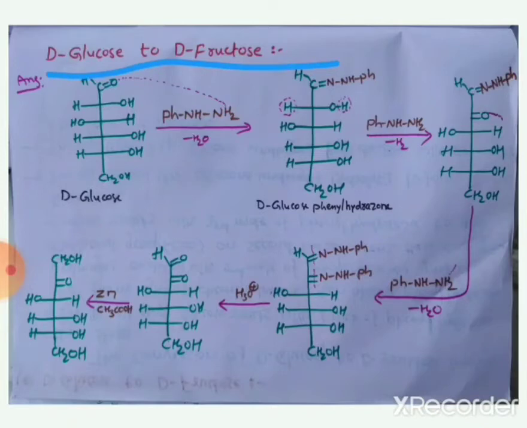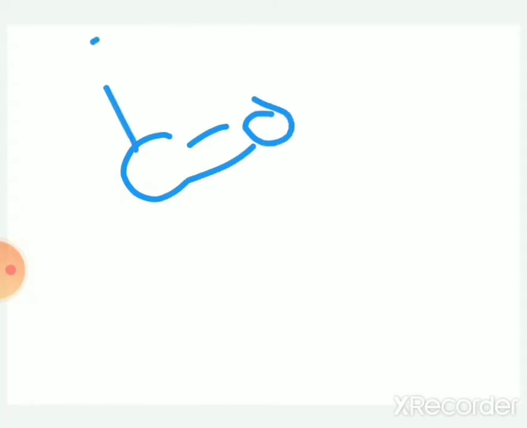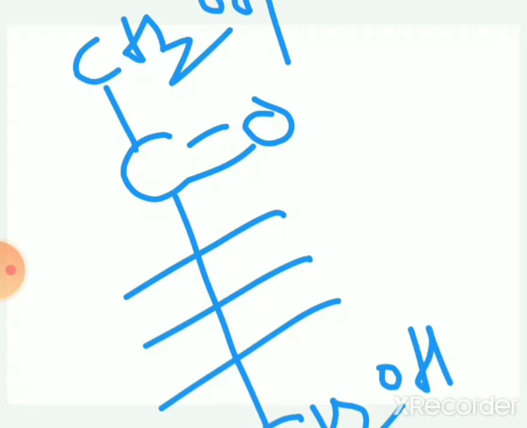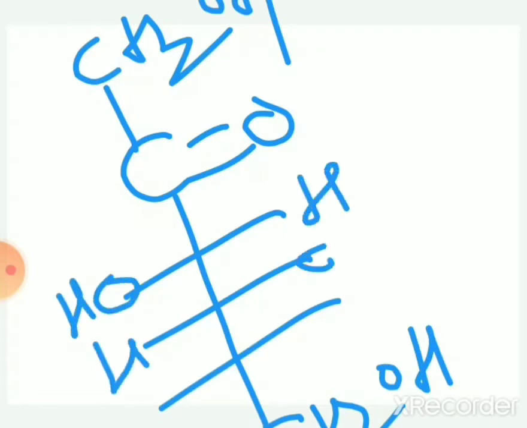Very simple. Finally, D-glucose to D-fructose, the difference: remember this. D-fructose has C=O, then CH2OH, 3 lines, CH2OH, OH, H, H, OH, H, OH.